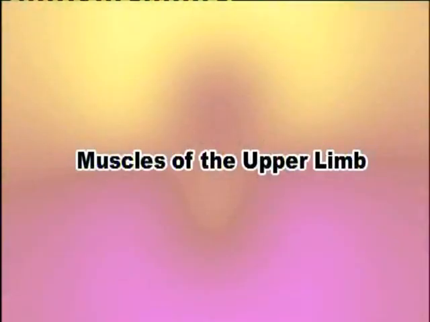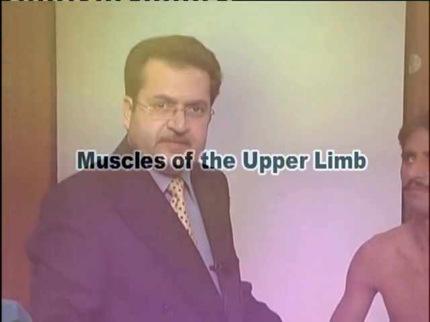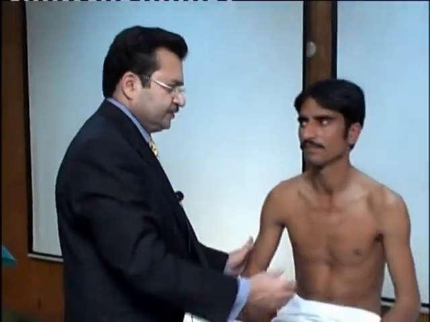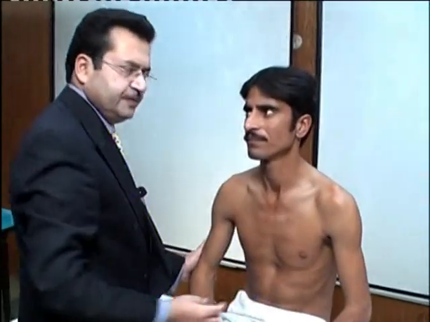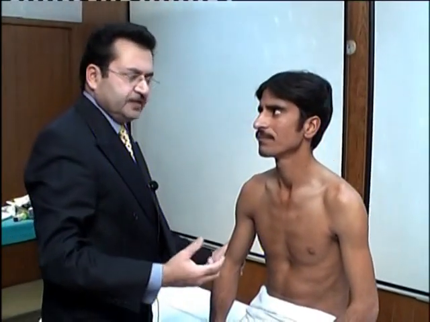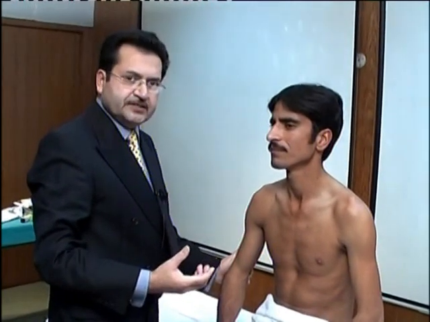Power of muscles. This should be checked in groups. It's very difficult to check the power of muscle as far as individual muscles are concerned. Now we examine the power of the muscles of the upper limb. For the shoulder muscles, the four important movements are abduction, adduction, external rotation and internal rotation.